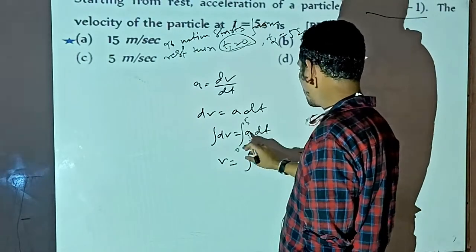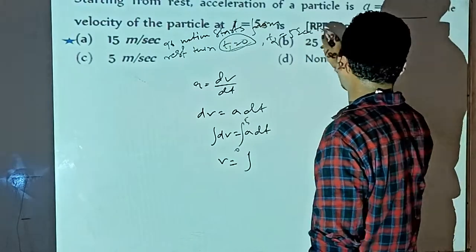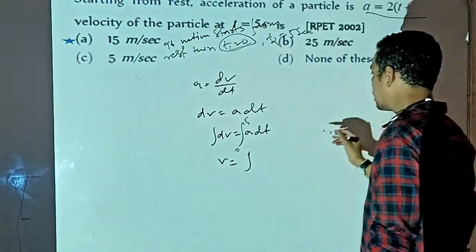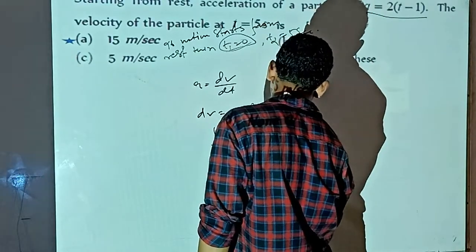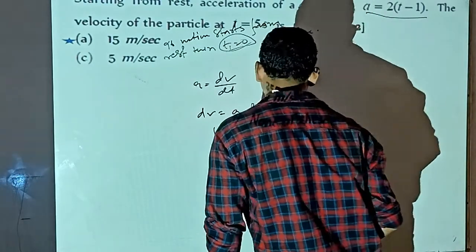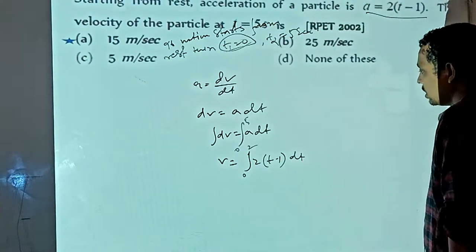So putting the limit 0 to 5, and a is already given. Since a is equal to 2 into t minus 1, you put the value of a, that is the integration from 0 to 5 of 2 into t minus 1 dt.